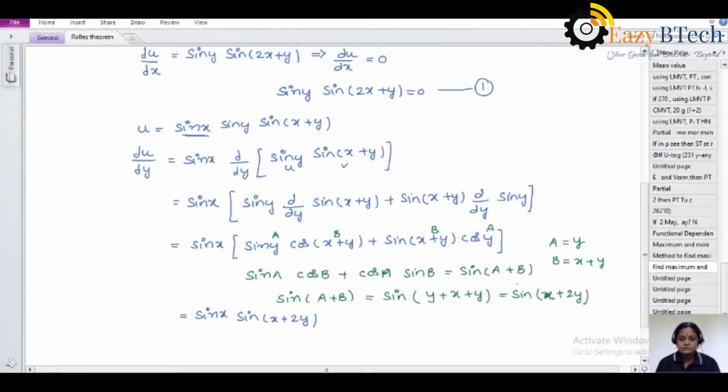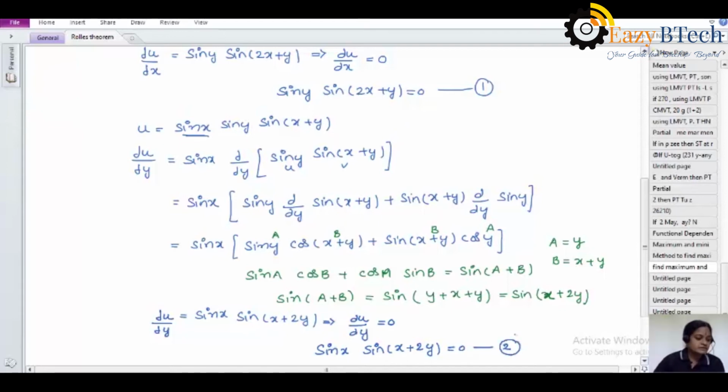So the value of this one is ∂u/∂y. According to the procedure, we have to equate this ∂u/∂y also to 0. That means ∂u/∂y is equal to 0. Then sin x into sin(x+2y) is equal to 0. So it is the second equation.